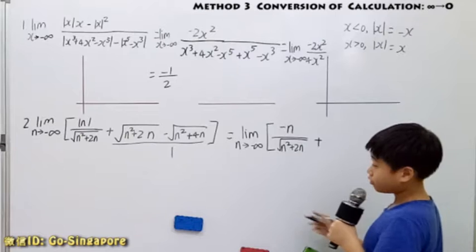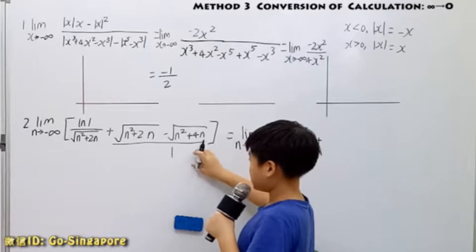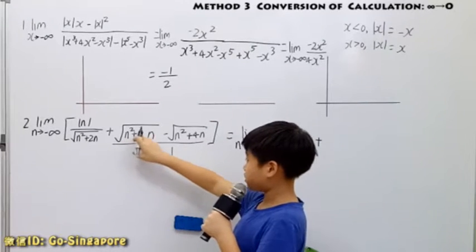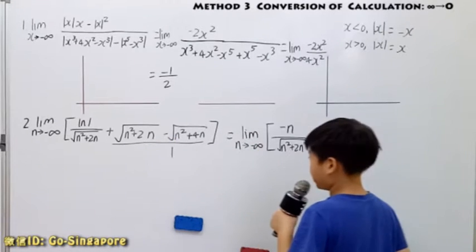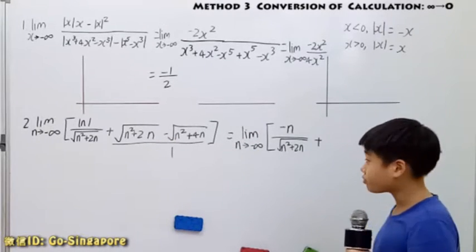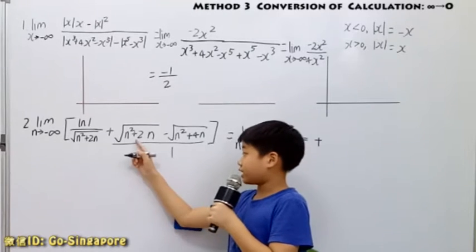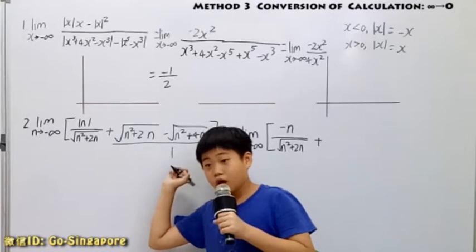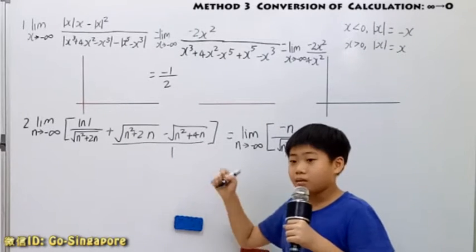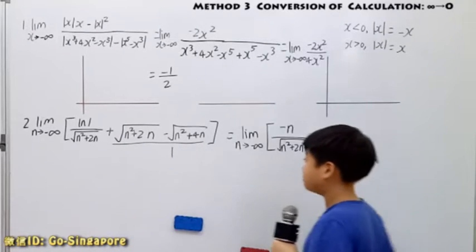So, for this, you multiply numerator and denominator by the square root of n squared plus 2n plus the square root of n squared plus 4n. So like this, it is actually (a minus b) times (a plus b), which is a squared minus b squared.